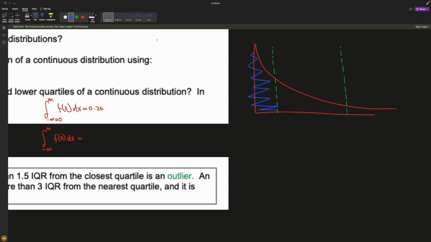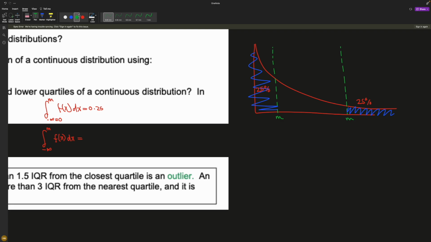Let's assume this is your 25%, here I'll write it in red. So this is our 25%, and I want this section, which is also 25%. I want the quartile, so this is also 25%. Let me make it up over here so you see it better. I want these two 25%. So I want this m, and I want this m.